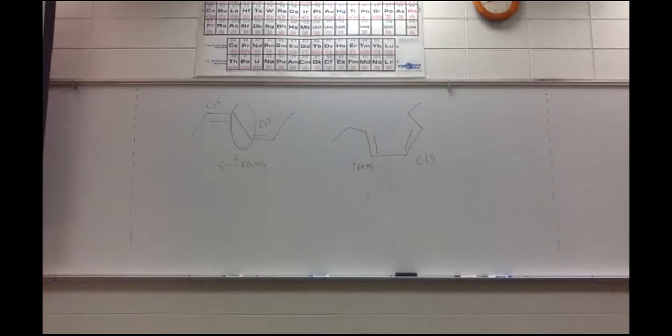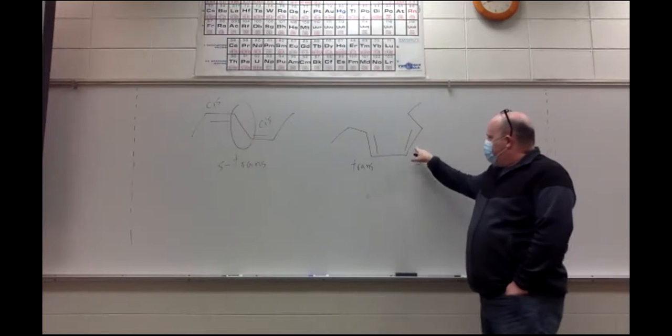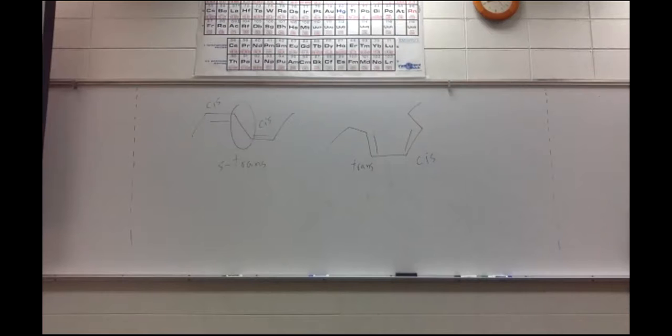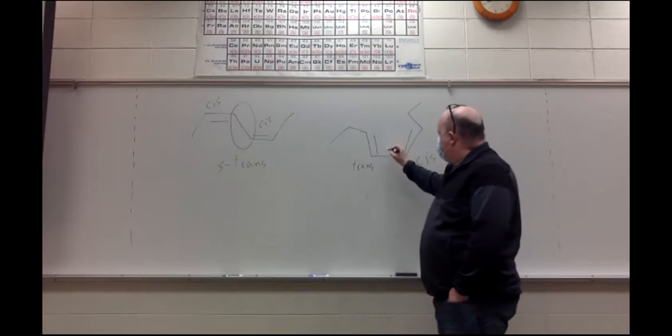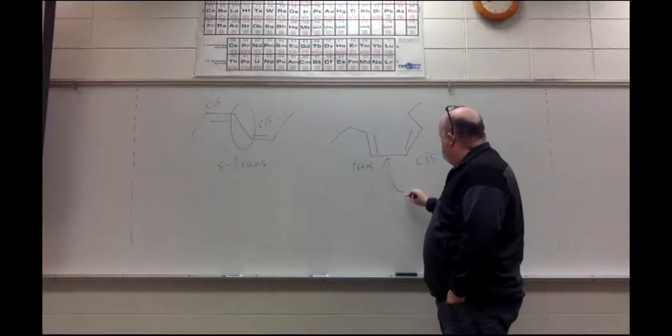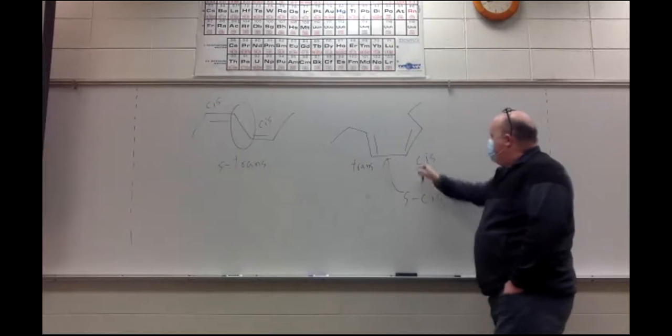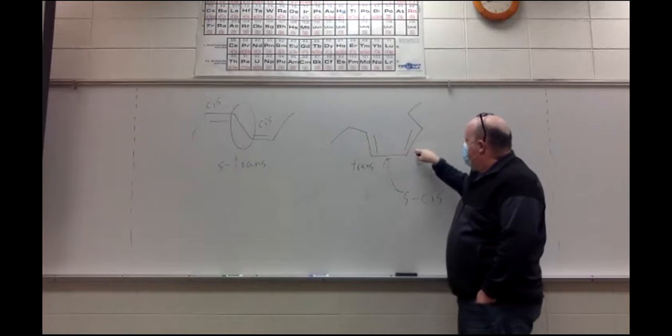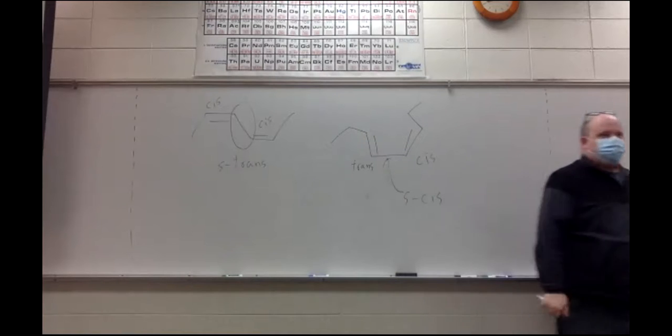All right, now, what about the relationship of these double bonds around this single bond? Would that be S-cis or S-trans? S-cis. Why? Because if you look around this single bond, these two double bonds are pointed off in the same direction.